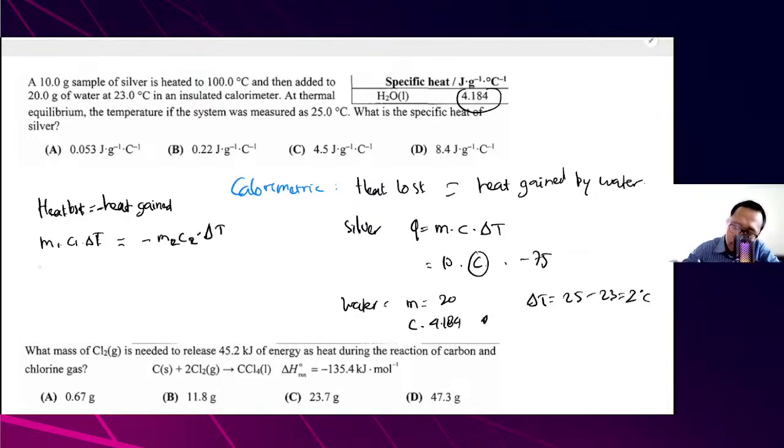So we put it here: M1 C1 delta T plus M2 C2 delta T equals 0.